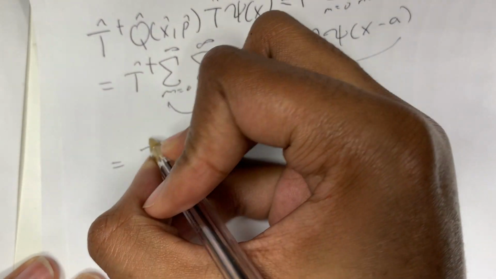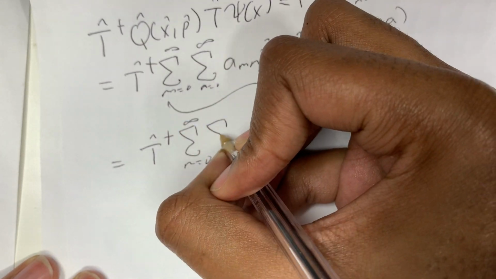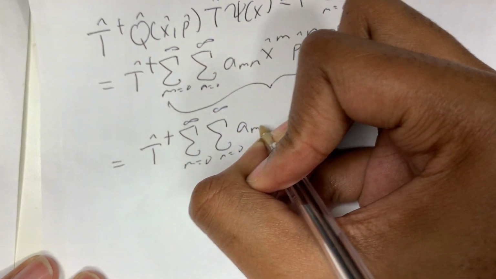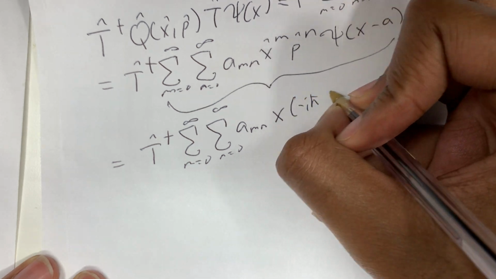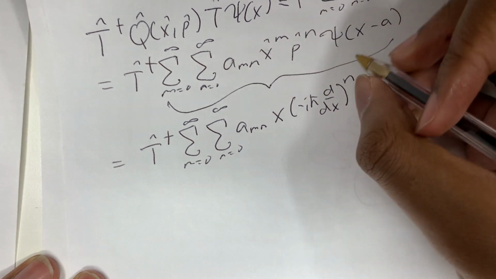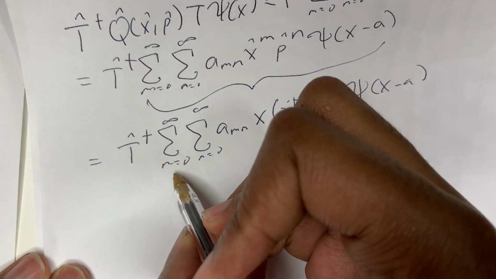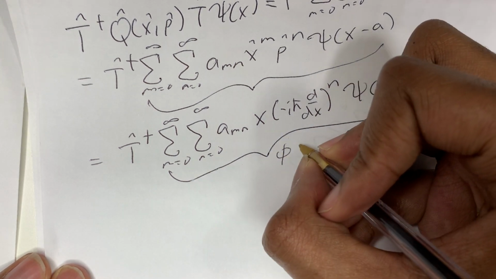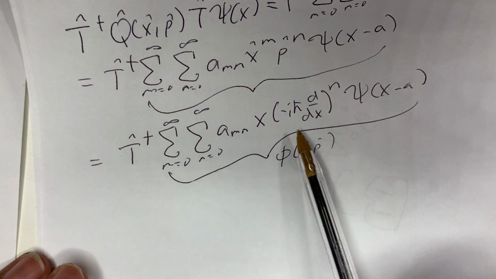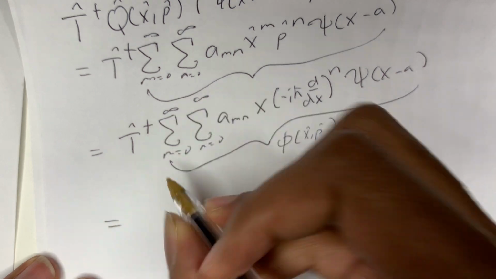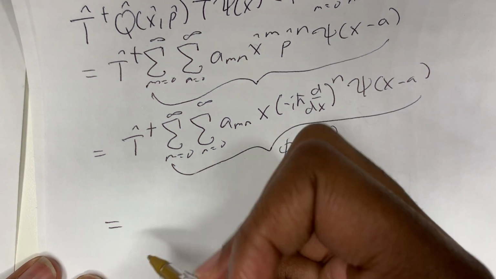We have t hat dagger, m equals 0 to infinity, n equals 0 to infinity, a_mn, x hat to the m, that's just x, p hat to the n, that's minus i h bar d over dx, to the n, and then psi of x minus a. Now we see this as one big function, you can call it phi. Just like before, we change our x's to x plus a's. Yeah, that's what we do.